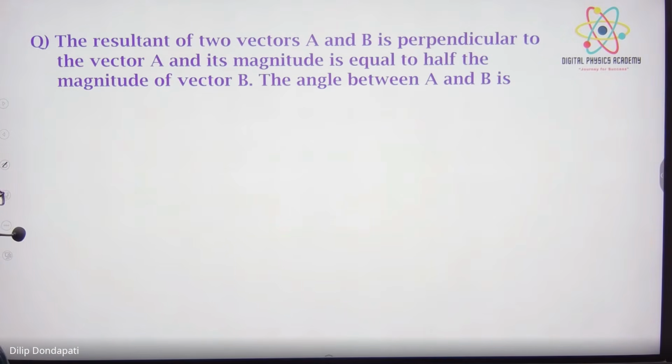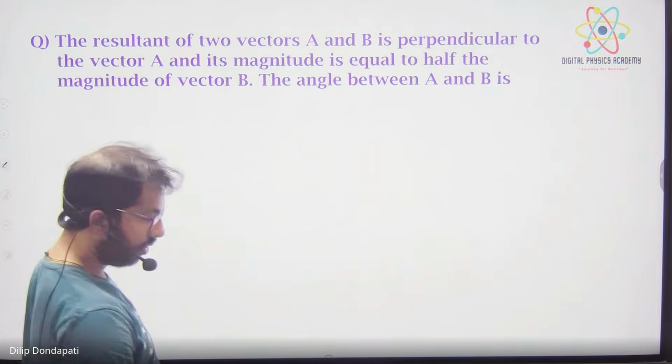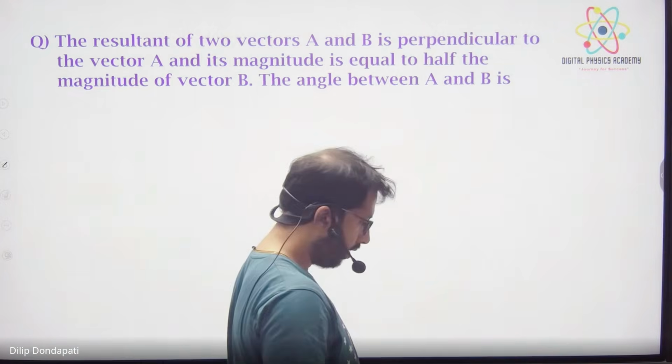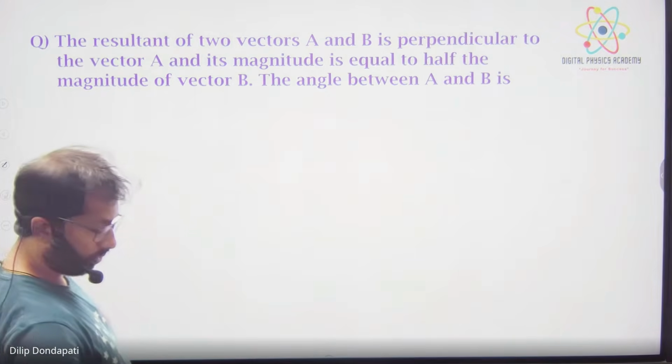Do by triangle law. The resultant of A and B is perpendicular to the vector A and its magnitude is half of the magnitude of vector B. Find the angle between them. करो. We're using triangle law.